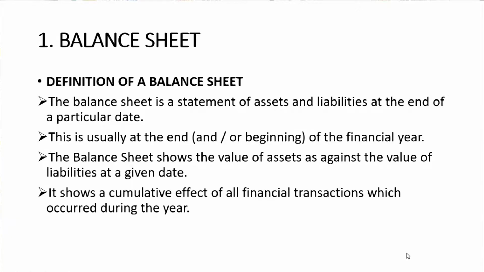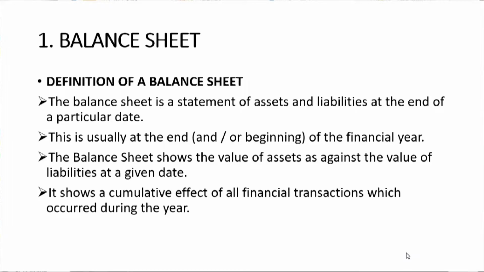The balance sheet. To define a balance sheet, the balance sheet is a statement of assets and liabilities at the end of a particular date. This is usually at the end or beginning of the financial year.